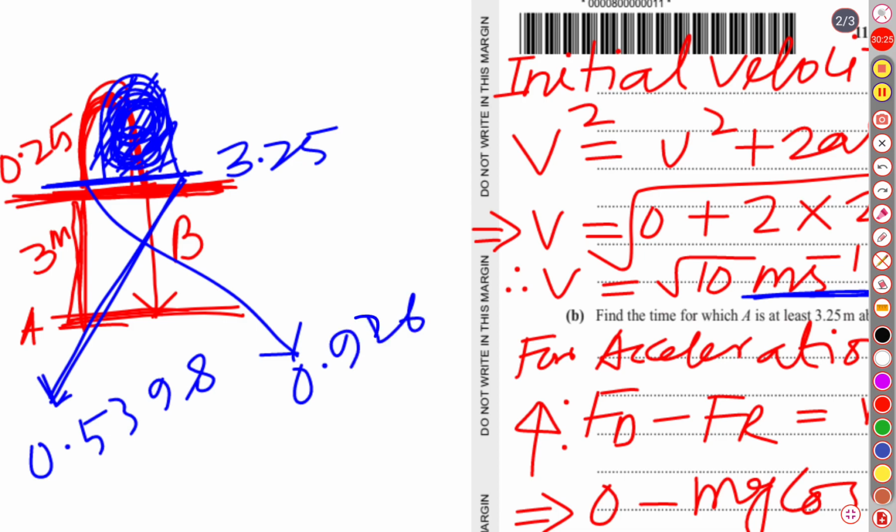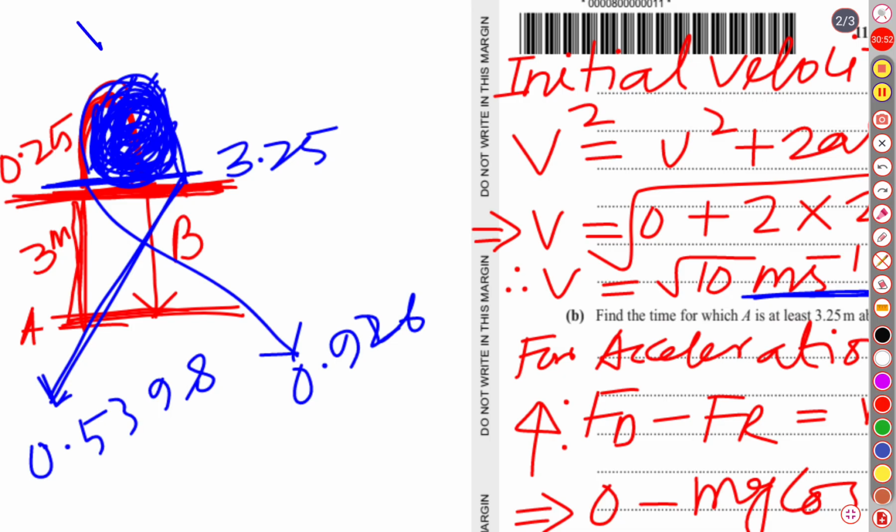That means when it reaches 3.25 meter height initially over here, it took 0.0926 seconds. Then again when it reached the same height, the time taken by the particle was 0.5398. Then they have told us to find the time between these two instants, the duration of time when it was at this height.